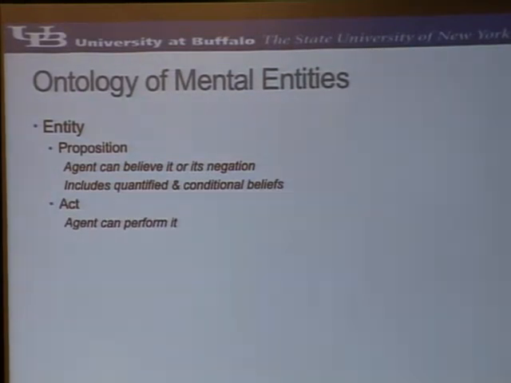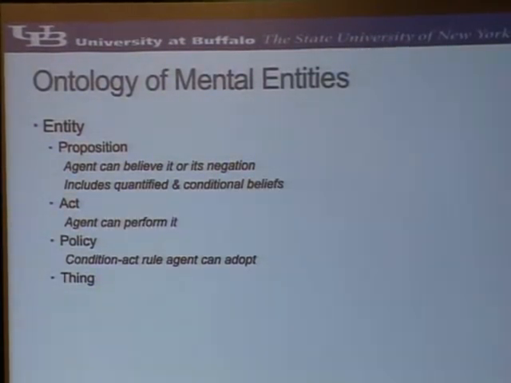Another category in the ontology is acts, and these are characterized by the fact that the agent can perform an act. Policies are condition-action rules. These are neither believed nor disbelieved. They're adopted or unadopted. Horrible word, but anyway. And everything else I'll just call a thing.